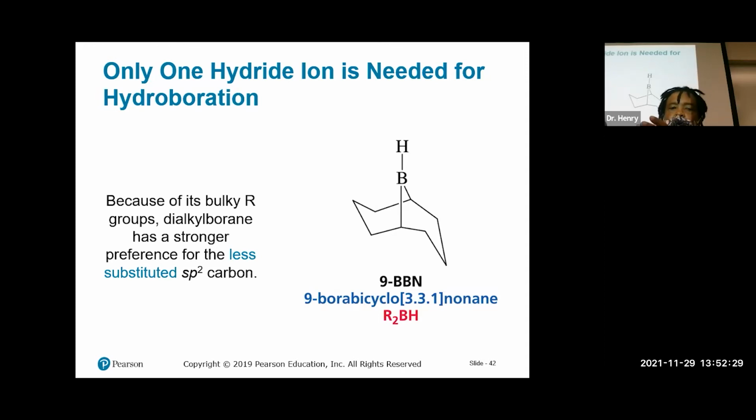It's always going to try to find the one that has the least substitution, that doesn't have so much stuff around it. And you guys know that because of steric hindrance, because of stability.